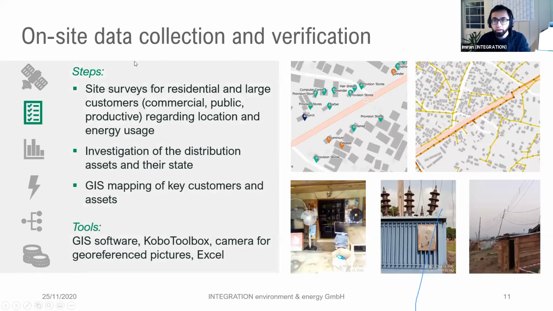In the second step, like I said, we are going to those sites and collecting information about specific users. Experience has shown that it is quite vital to actually geotag the locations of the large consumers, because then you know that this is the main community center, here is the church, here you have a barber, for example, here you have a store, here you have a welder, because this will then in future have an impact on how the grid is to be set up, or if an existing grid is there, how it can be improved.